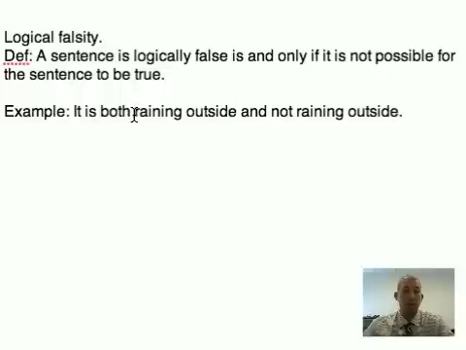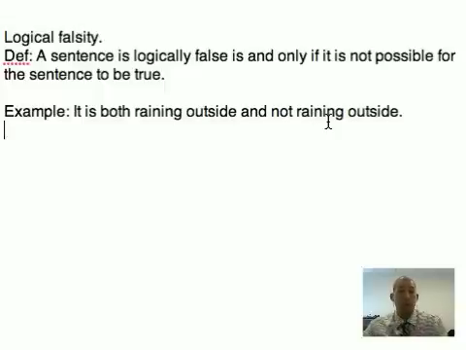But the sentence isn't just saying that. It is saying it is both raining outside and not raining outside. But if it's raining, it can't be not raining, right? It's one or the other. So this sentence can't be true, because it's saying that both things are happening at the same time, but it can't.